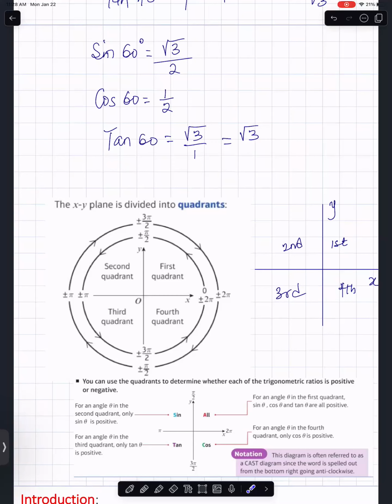So what is a CAST diagram? A, S, T. Moving this way, this is C, A, S, T. This is CAST. Or we can have it A, C, T, N. ACT. So any one you want to use to memorize this is okay.